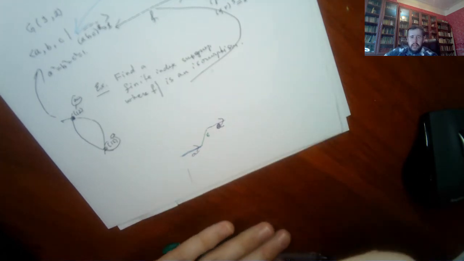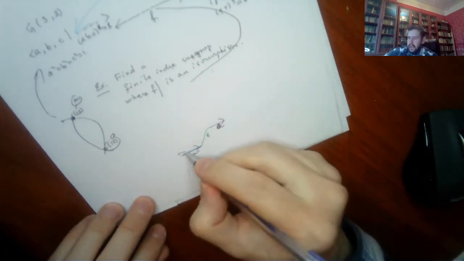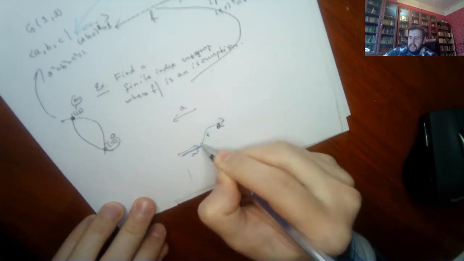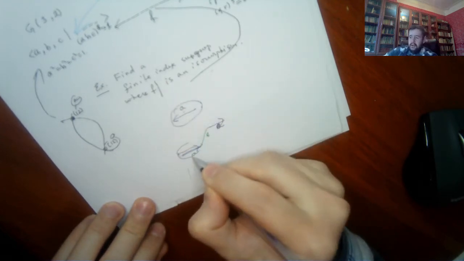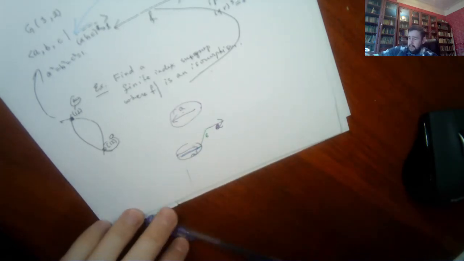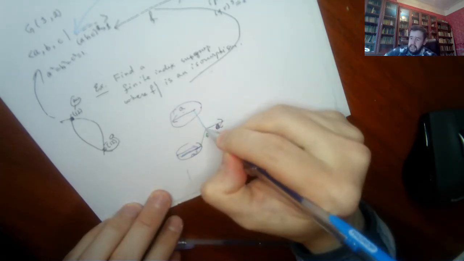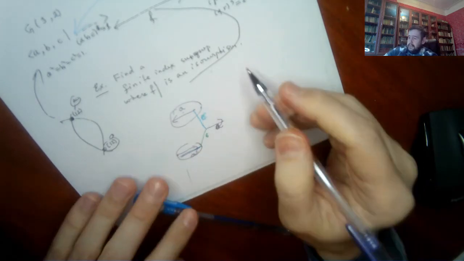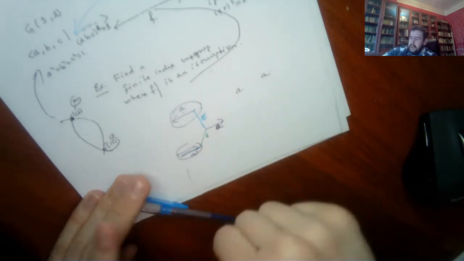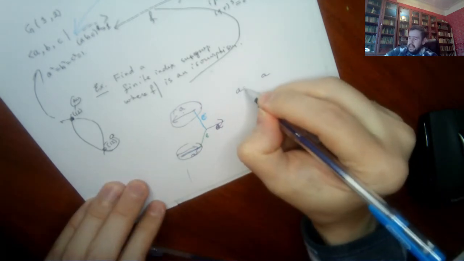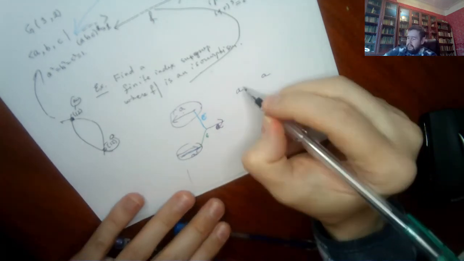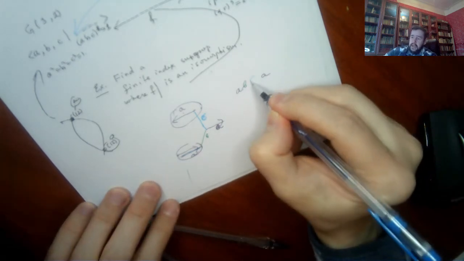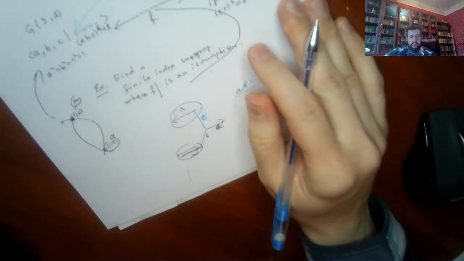But what I really want is that my A cancels with another A. So I really want this A to be cancelled with another A, and I see that it may happen if I have B and C simultaneously here. So I have B and C, and then between this A and the next A, I have B and C. And this exactly corresponds to the fact that the parity of B's and C's between these two A's is even.